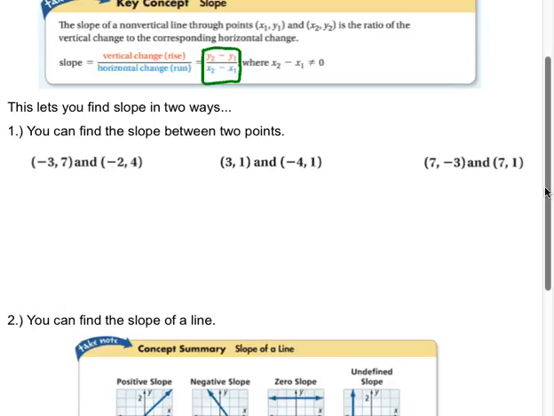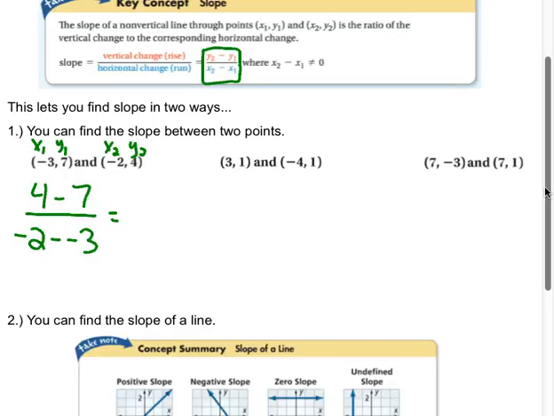So if you're thinking of this, here is x1, y1, x2, y2. And all you have to do, subtract the y's, subtract the x's. So subtract my y's and subtract my x's. So here, what does that give me?